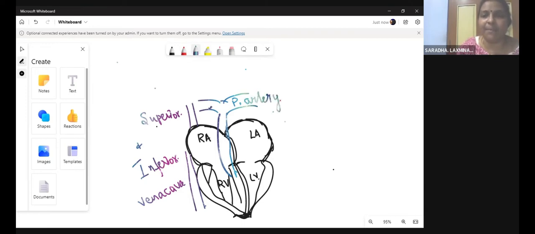It carries the blood from the heart to the lungs for oxygenation, for adding oxygen. Since the blood on the right side is rich in carbon dioxide, from the right ventricle it is carried to the lungs. So it branches into two and carries it to either lung for purification.